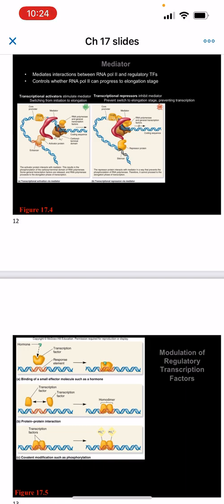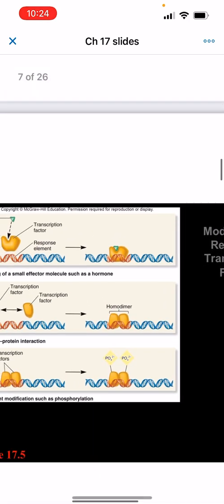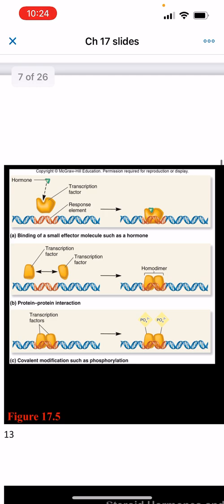The regulatory transcription factors themselves can be regulated. So one way is by small effector molecules. So things like hormones can bind to these regulatory transcription factors, change their shape, and then cause them to bind to their silencer or enhancer region, depending on what kind of regulatory transcription factor they are. Or they could be regulated by a protein-protein interaction, such that they have to bind to each other before they become active.